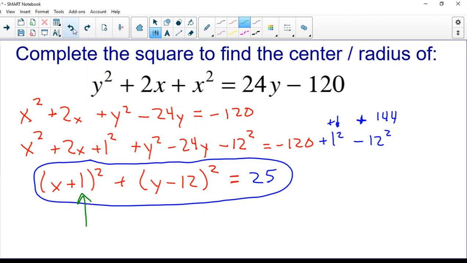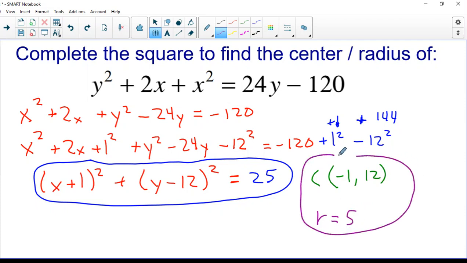So for the center, I'm going to put C. C for center is negative 1, positive 12. These signs change due to the formula of a circle. For the radius, I'm just going to look at the constant, the number by itself, 25. And just remember from that lesson, the radius is not 25, but the radius is the square root of 25, which is 5.